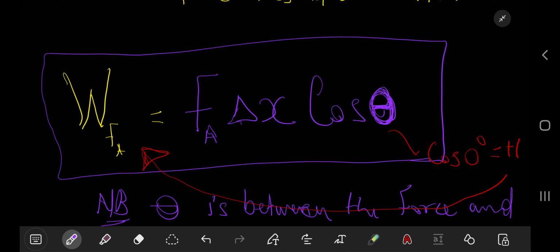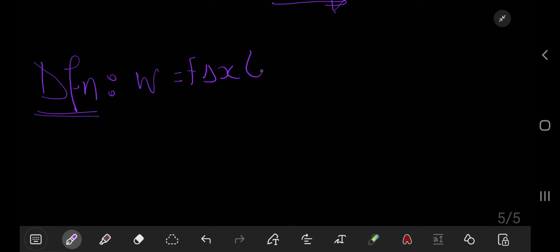So it means that displacement must be in the direction of the force for you to get that work. Okay. So now in terms of understanding, we said that work is the energy which is transferred into the object if it's positive work, or out of the object if it's negative work, right? But in terms of defining it, if they say define the term work, we define the term work in terms of the formula that we use to calculate work.